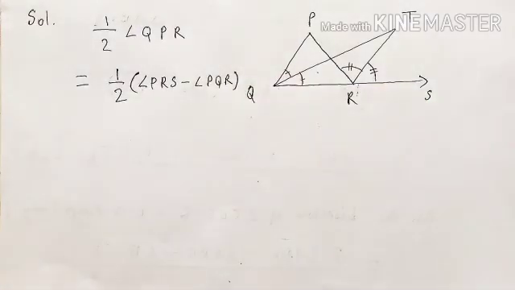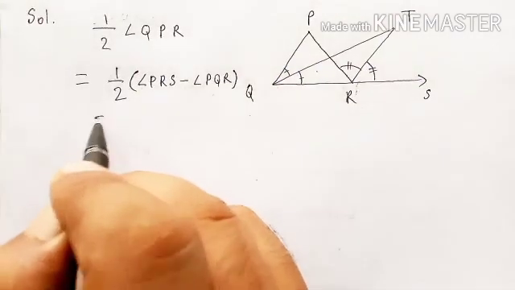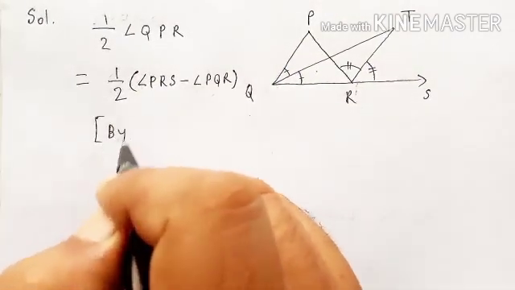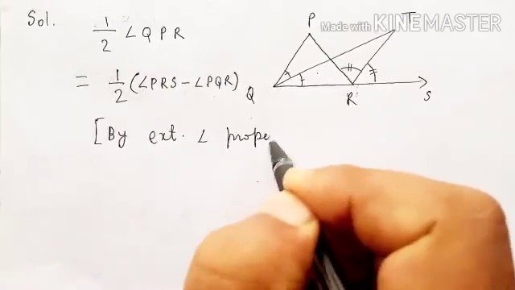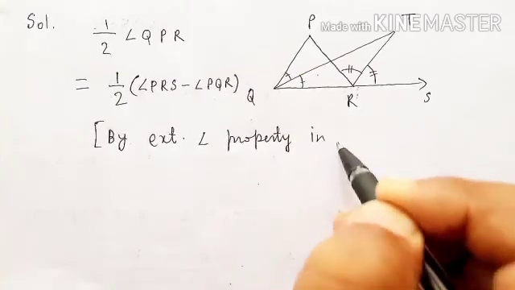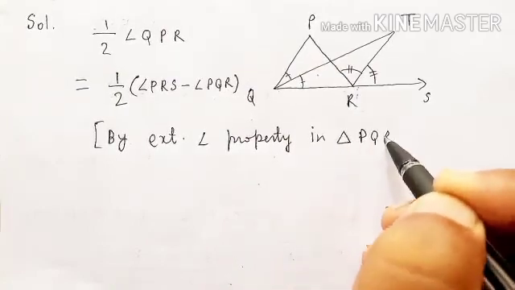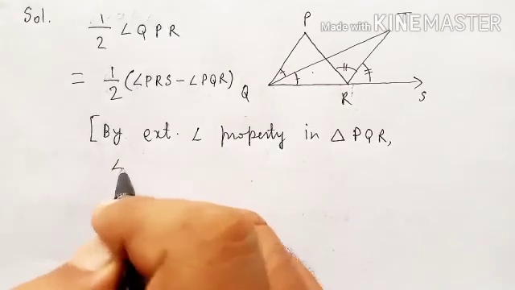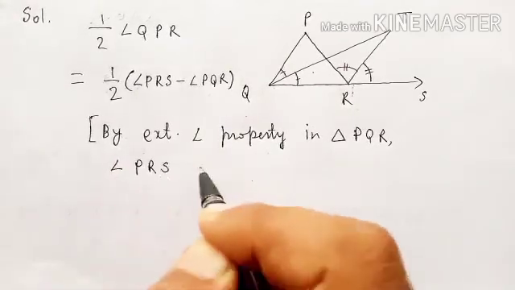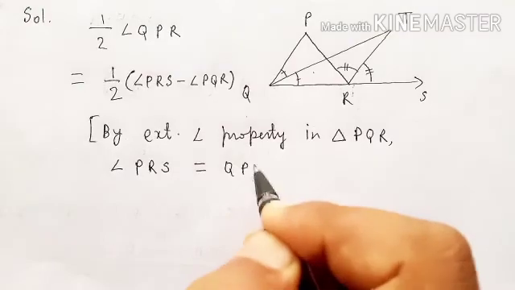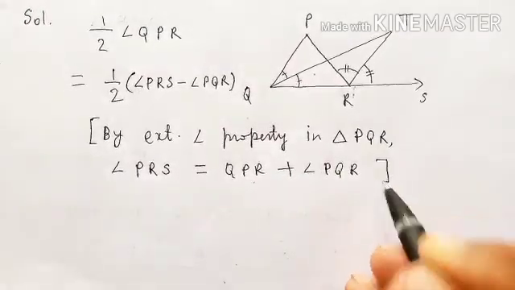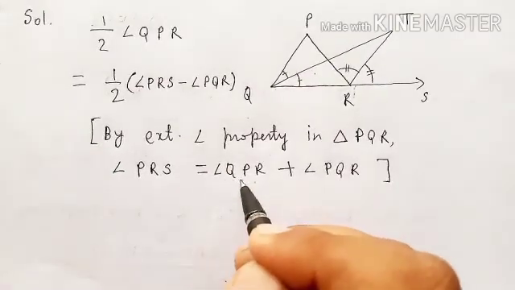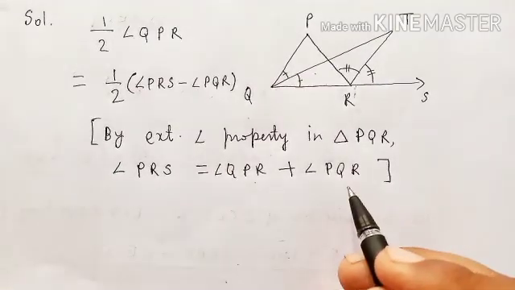Why so? By the exterior angle property in triangle PQR, angle PRS is equal to angle QPR plus angle PQR. From here you can write angle QPR is equal to angle PRS minus angle PQR.